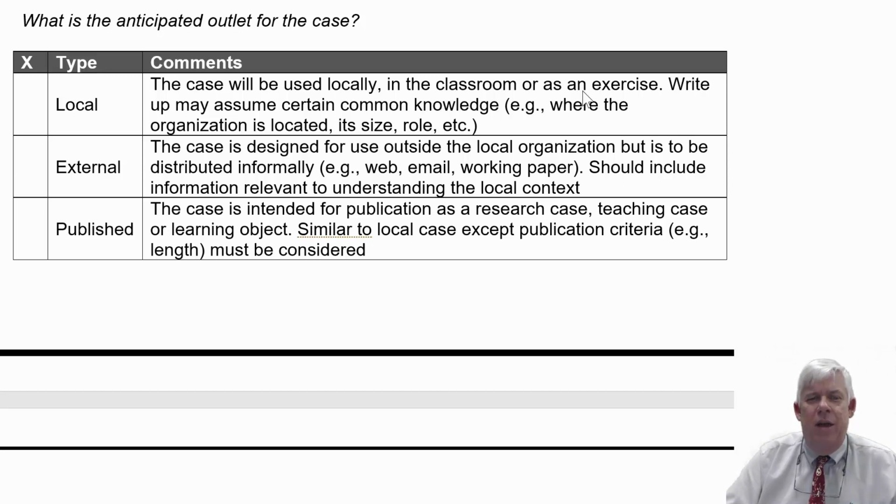In a research case, most of the time you're going to be interested in actually publishing it in a journal. There's also the possibility of putting it out in an external outlet, which is not necessarily published. But when we're doing research, we will normally be interested in publishing in a journal. And that's important because it has significant implications for whether or not we want to involve an institutional review board.